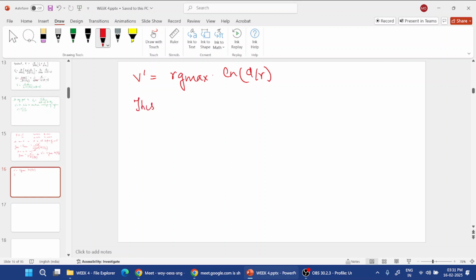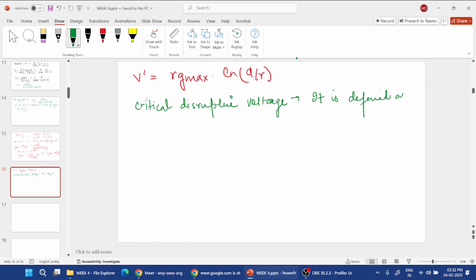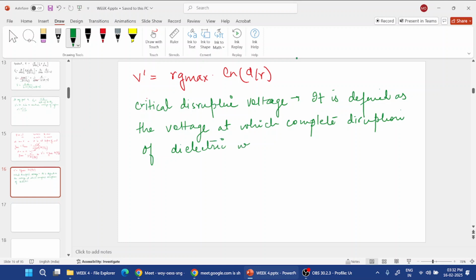This voltage is the critical disruptive voltage, and it is defined as the voltage at which complete disruption of dielectric will occur.